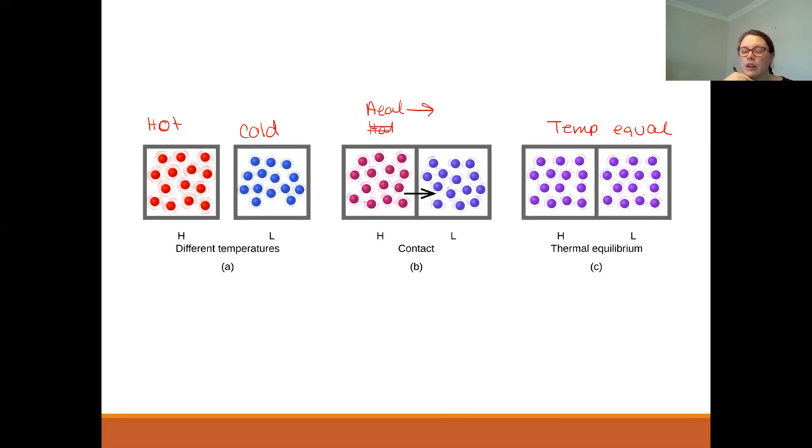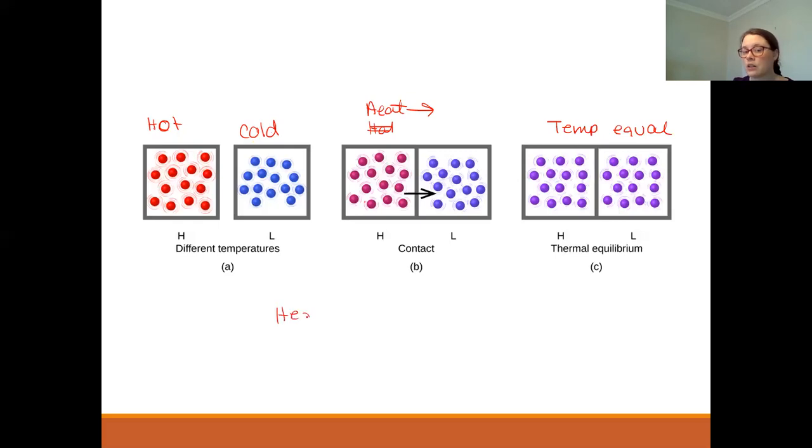Now, I saw a really interesting question that said, what if one object has twice as much heat as the other, but they're at the same temperature? Will energy transfer? And the answer for that would be no. Just because they have different amounts of energy doesn't mean that energy is going to continue to move if they're at the same temperature. Thermal equilibrium, or transfer of heat, is only going to happen if the temperature is different.